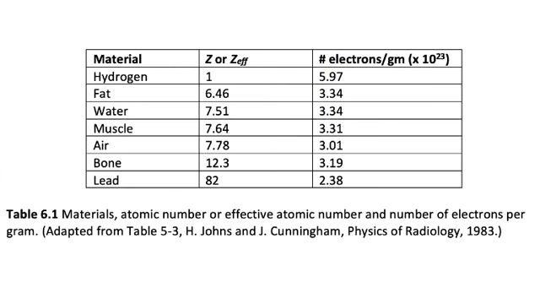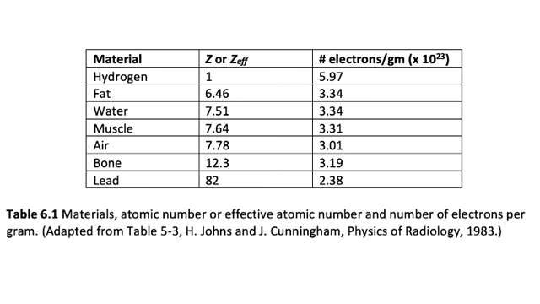Well, let's look at this table to understand that. So this table is showing several different common materials and the atomic number or effective atomic number of each of those. And then on the right, you'll see the number of electrons per unit gram in the material. Now, that's an important quantity because the amount of Compton scattering you get is essentially going to scale with the number of electrons per unit gram.